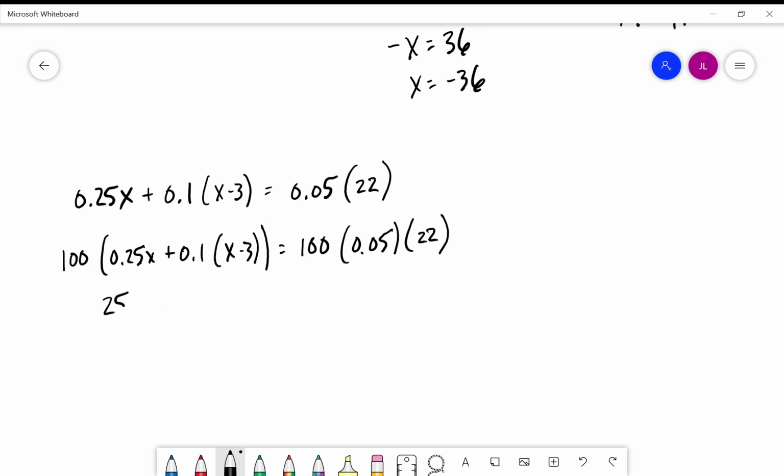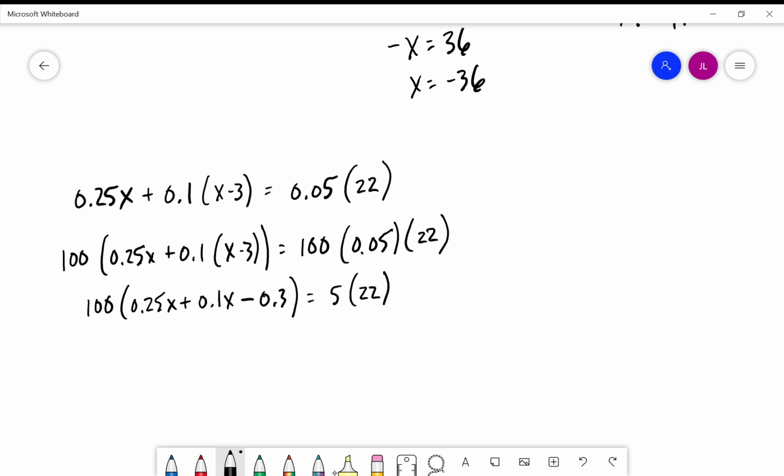So we know we have 25x plus, okay, let's distribute in here first. We'll have 100 times 0.25x plus 0.1x, and then 0.1 times negative 3 is negative 0.3. And this is equal to, we can multiply here, 5 times 22.